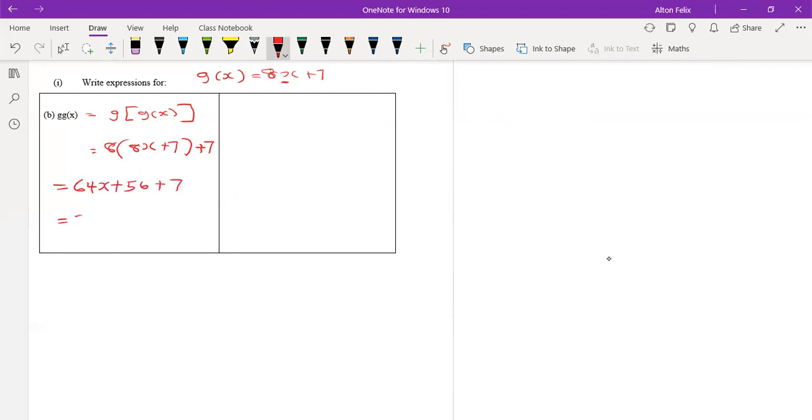So this will be 64x plus 63. That'll be our final answer for g of g of x: 64x plus 63.